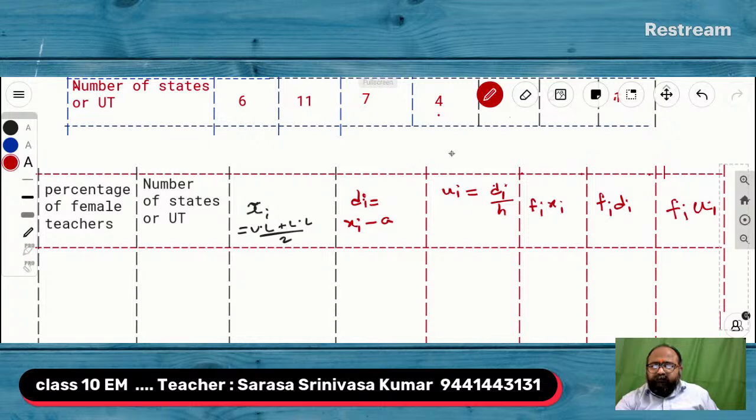Okay, let us note down the data. The first one is class interval. We should note down the class.